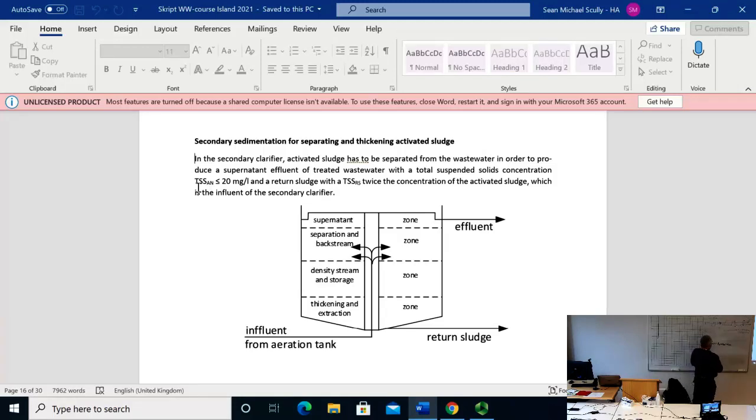Now we have, at this point, our QRS, return sludge.